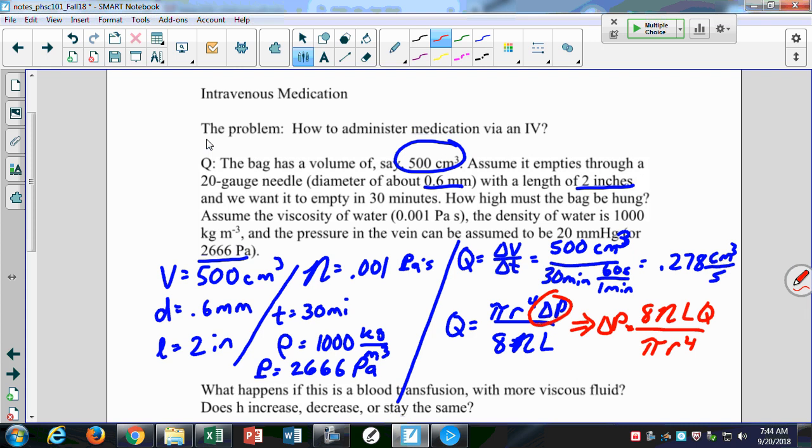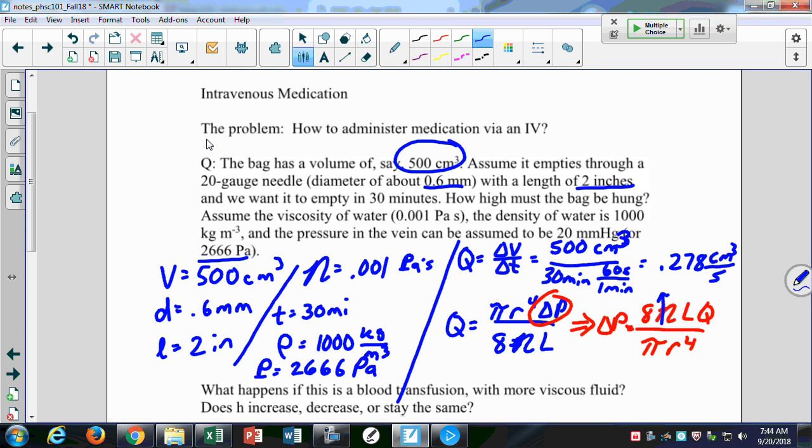What I want you to see here, what I'm about to show you, is that as you change these different quantities, it changes the pressure. For example, if I had a bigger viscosity, like if my viscosity went up, then what would need to be my pressure differential?